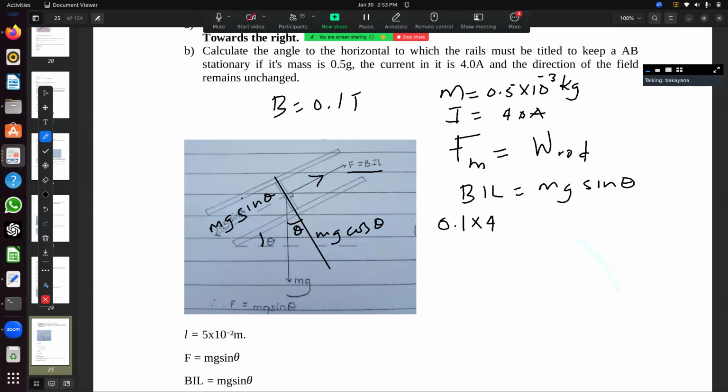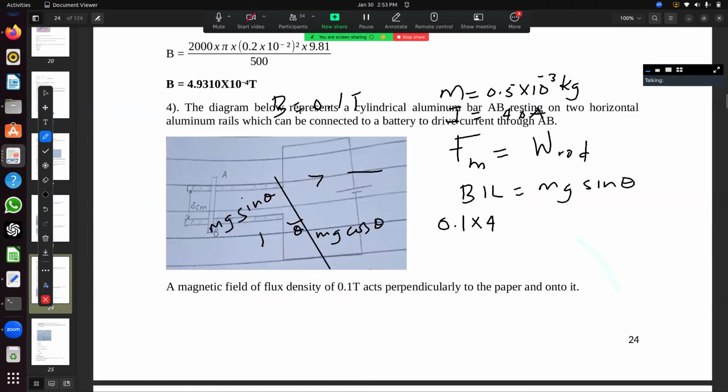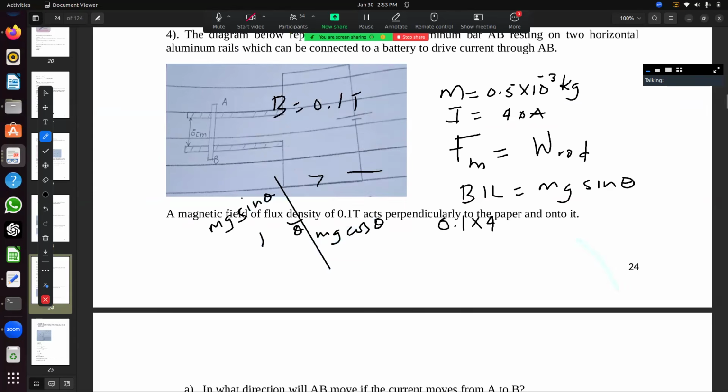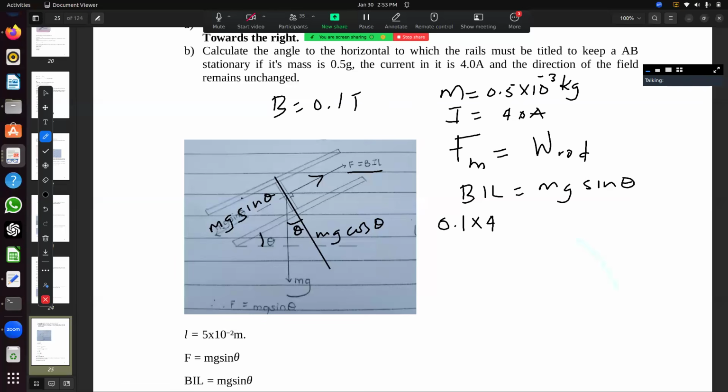Did they give us the length? Times length equals the mass, I know it, and the g. We are looking for the angle theta.